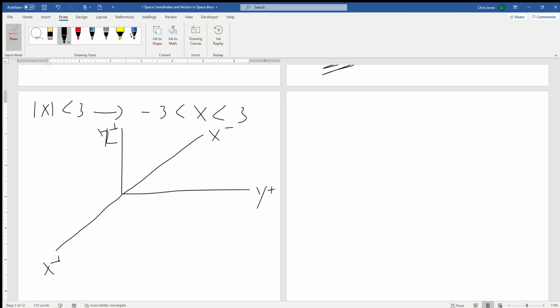And we're going to plot two planes. First of all, we're going to plot x is equal to -3. So we're going to go over here, and we're going to plot this plane. And then we're going to go over here, and we're going to plot x equals positive 3.